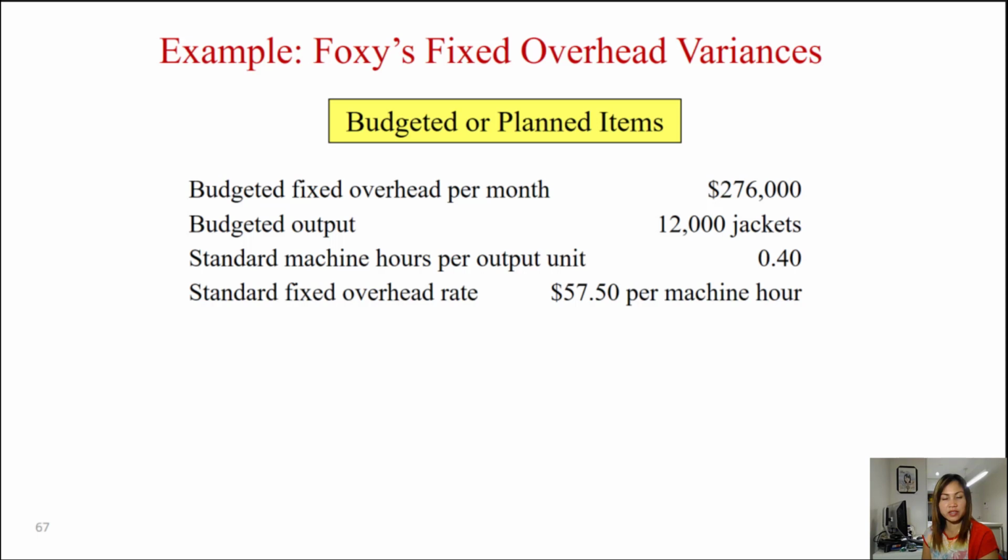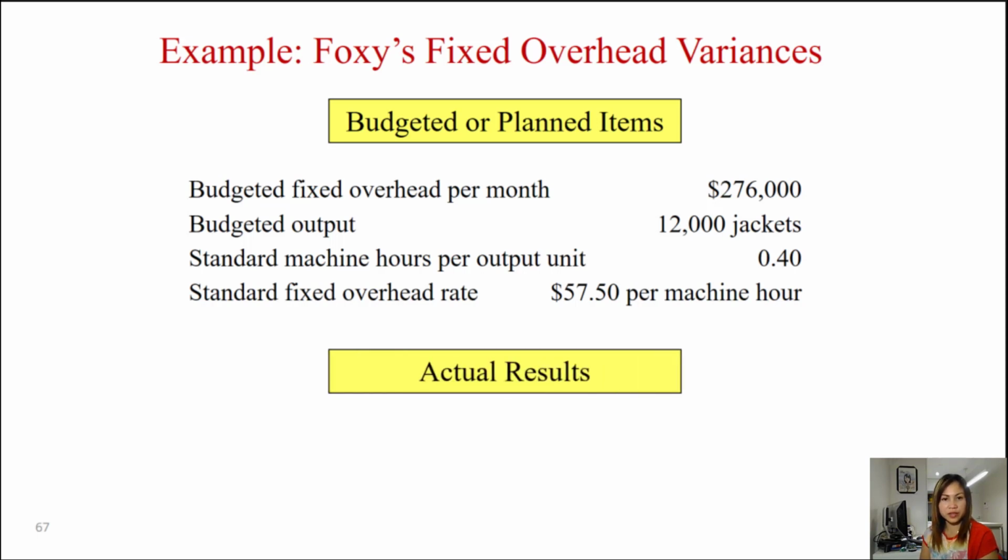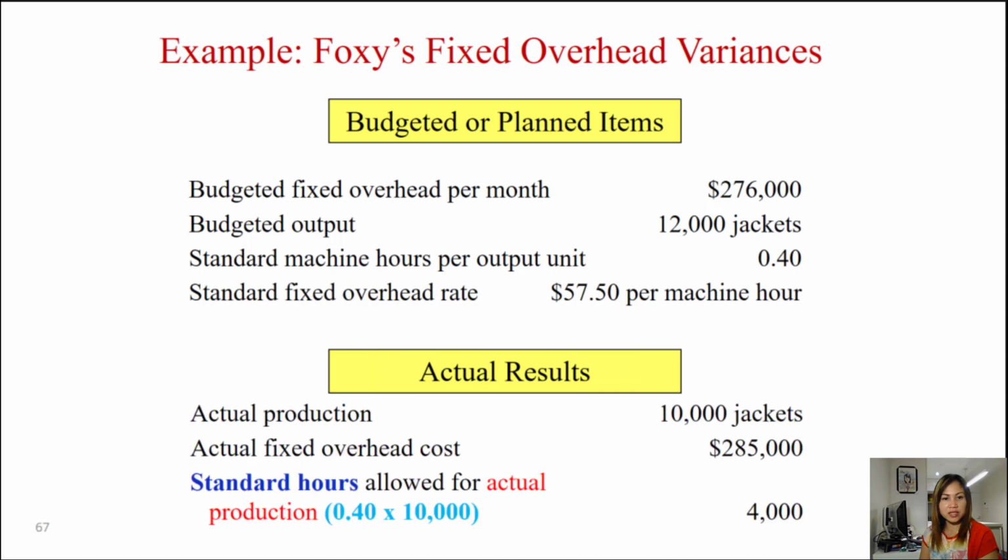Standard fixed overhead rate is 57.5 per machine hour. The actual result is actual production 10,000 jackets, actual fixed overhead cost that you spent 285,000, standard hours allowed for actual production 0.4 times 10,000 jackets, 4,000 hours.